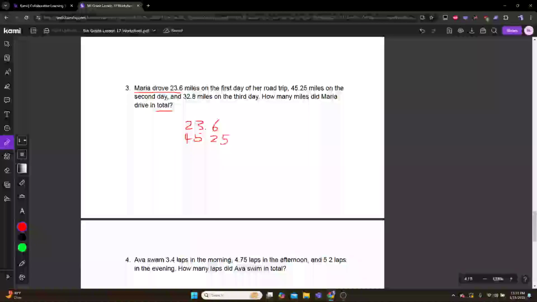And the third day she drove 32.8 miles. So if we add up all of these numbers, we'll have 5 here. 6 plus 2 is 8. 8 plus 8 is 16. Bring the 1 over and bring the decimal point down. 1 plus 3 is 4. 4 plus 5 is 9. 9 plus 2 is 11. 1 plus 2 is 3. 3 plus 4 is 7. And 7 plus 3 is 10. So she drove a total of 101.65 miles.